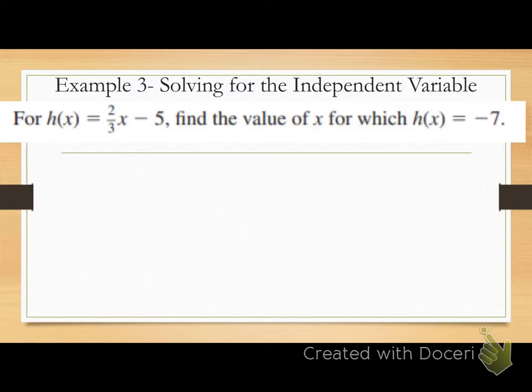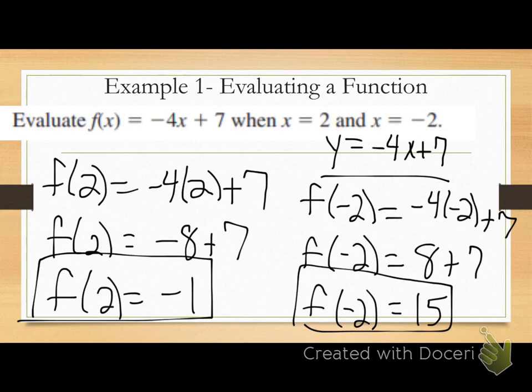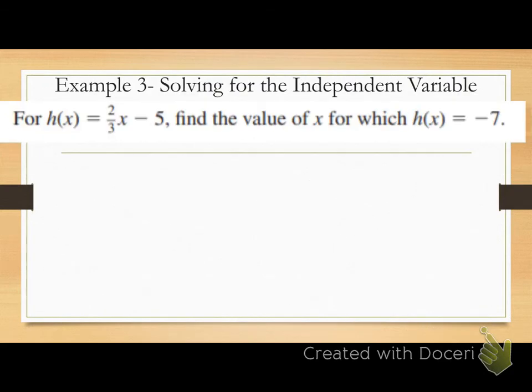For h of x, right? Previously, on my previous slides, it said to evaluate the function f of x when x equals 2 and x equals negative 2. Is it asking the same thing here? No, it says now find the value of x when h of x equals negative 7.